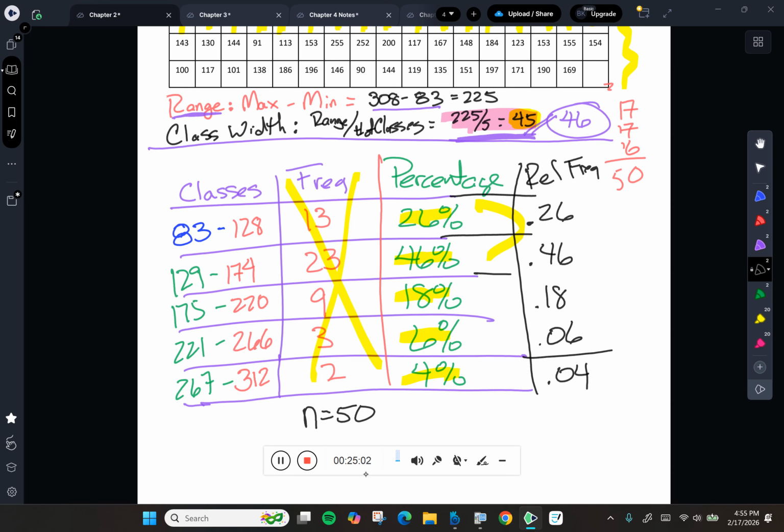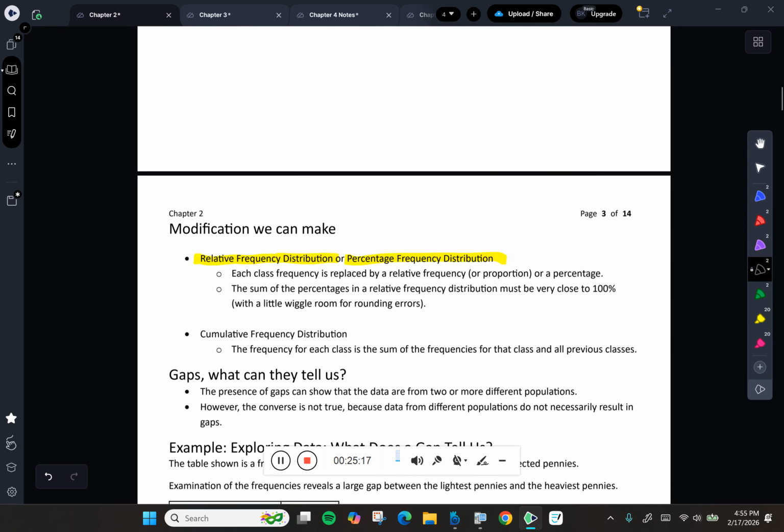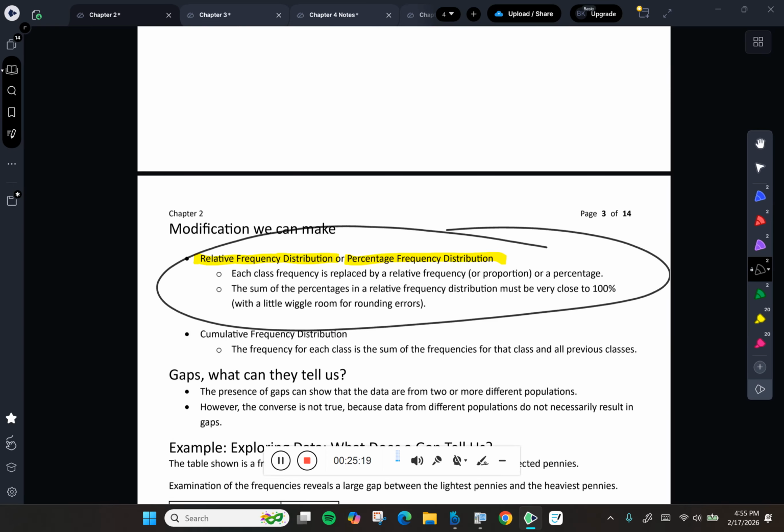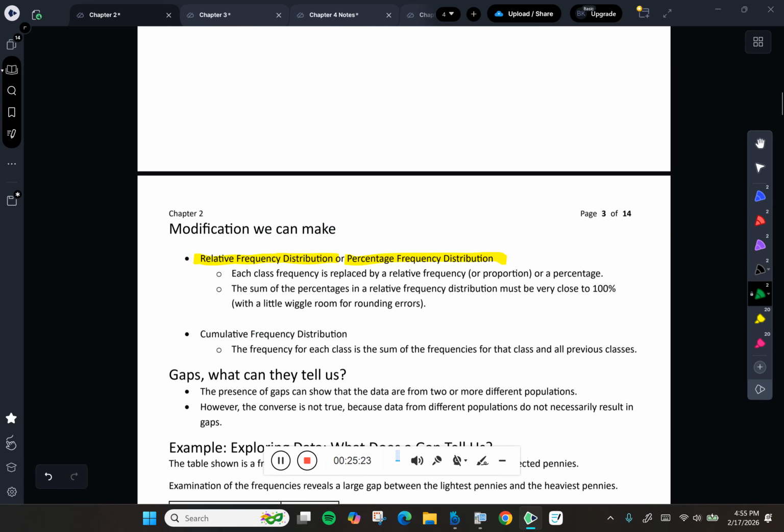So rather than representing them as percents, I could represent them as a decimal that is a relative frequency for that class. Okay? So a way that I can modify it is to turn them into either a relative frequency or a percentage frequency. Now, when you do a percentage frequency, the sum of the percentages should add up to 100%.